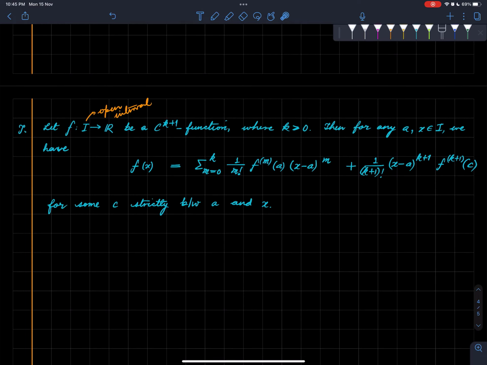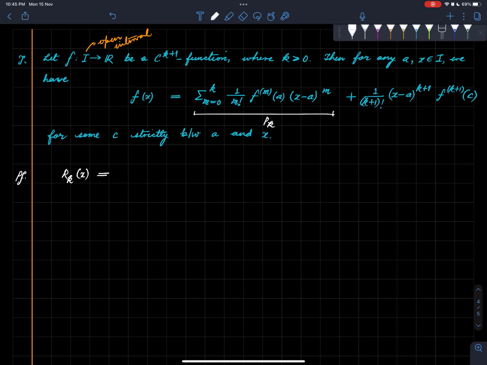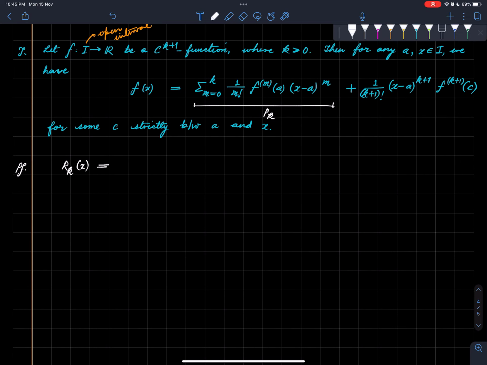So what is r k? R k of x is actually x minus a to the power k plus 1 divided by k factorial, integral 0 to 1 of (1 minus t) to the power k, f^(k+1) of a plus t times (x minus a), dt.